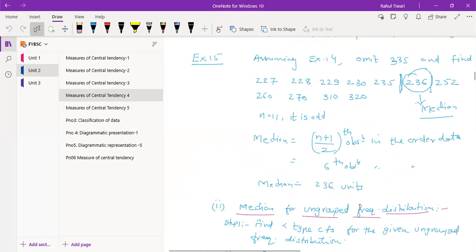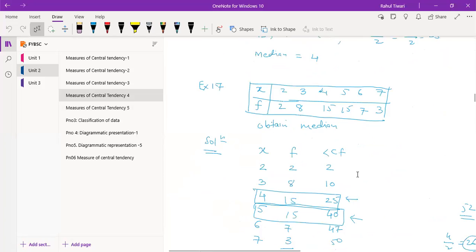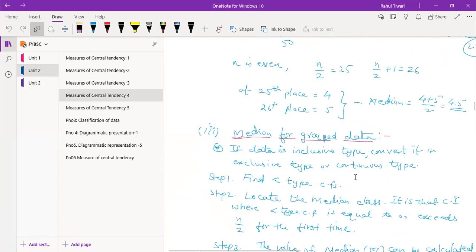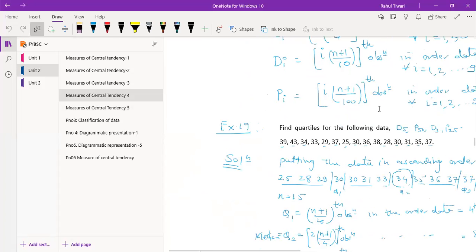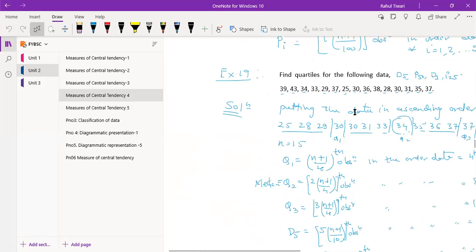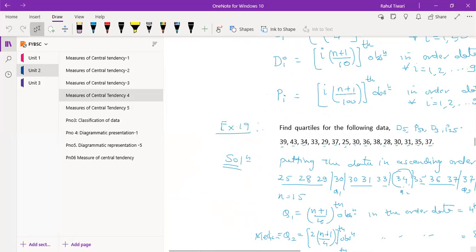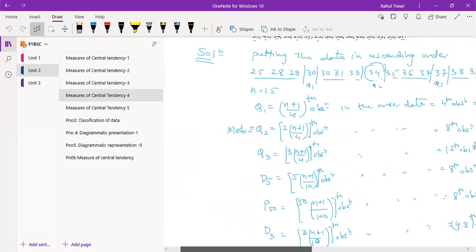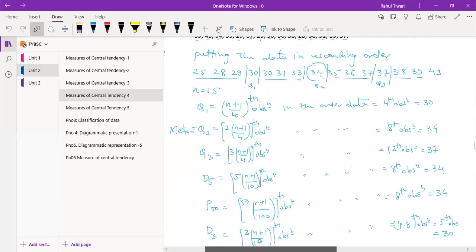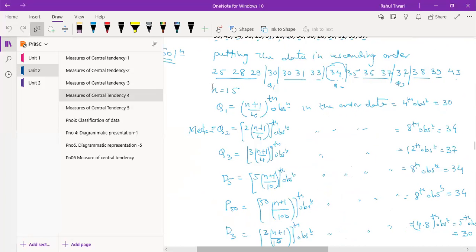Here you have already found quartiles. In that example, you need to find out Q1. Referring to example number 19, you may get Q1 will be 30, Q3 will be 37. So you can refer to these examples once again.